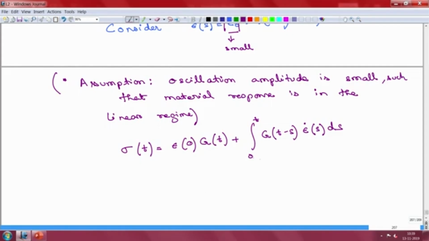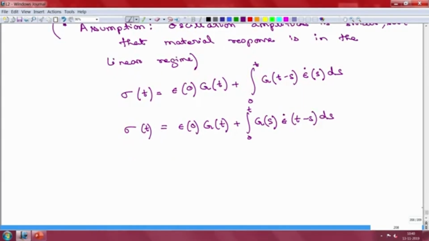It turns out that this form is a little more difficult to work with; it is easier if you work with the switched form, where we just switch these two and say this is G of s. Now, since we have the form of the input strain, we also have the form of the derivative. So, epsilon dot of s is epsilon naught into omega into cosine of omega s.